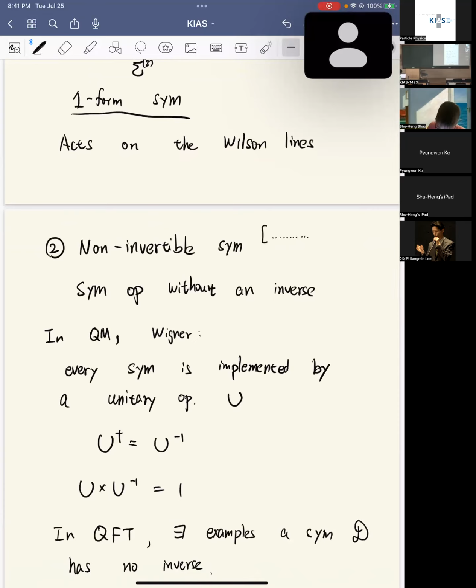So I'm going to draw a lot of dots here. In fact, various aspects of such non-invertible symmetry were already known back in 1989 in the context of rational conformal field theory. Of course, it was not called a non-invertible symmetry at that time.